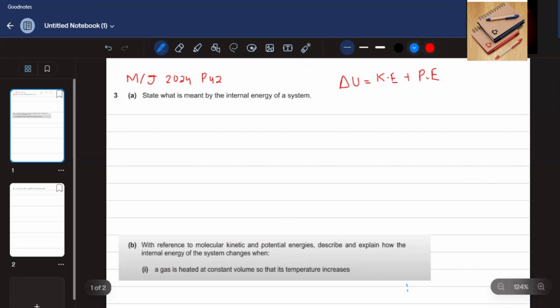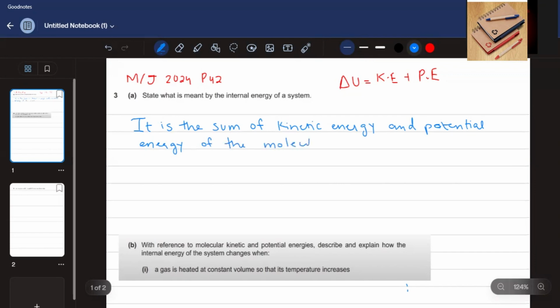It is basically the sum of kinetic energy and potential energy of the molecules.